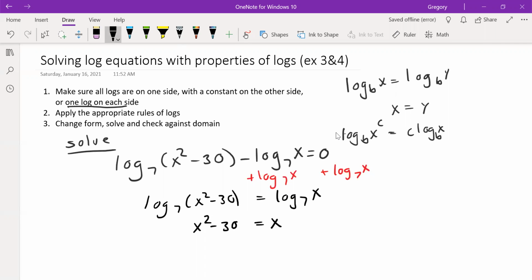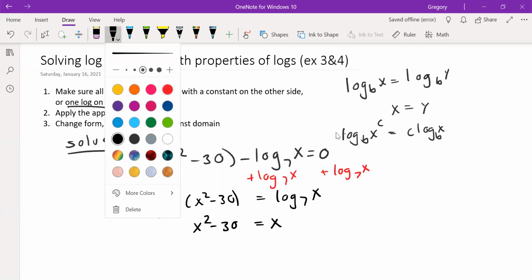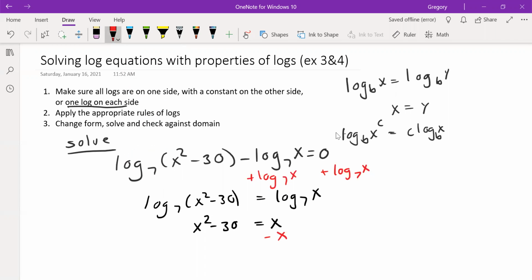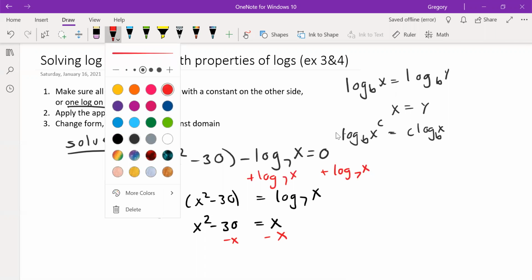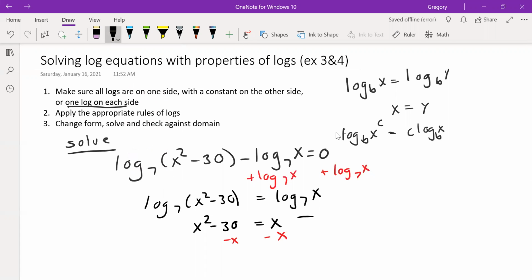Now, since I have a quadratic, let me get all my terms on one side. So I'm going to move my x back to the other side by subtracting it. So I have x squared minus x minus 30 equals 0.